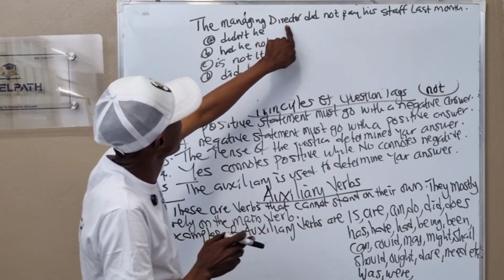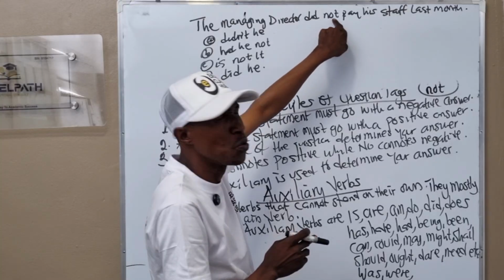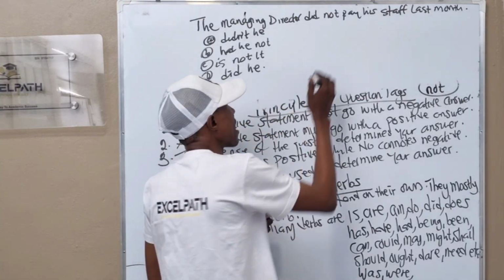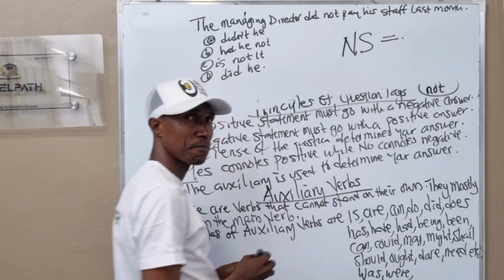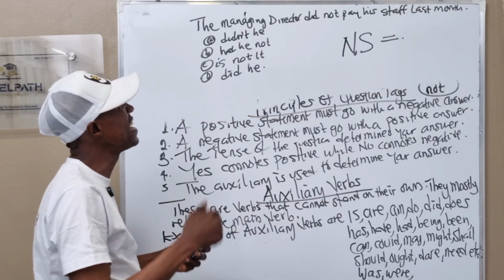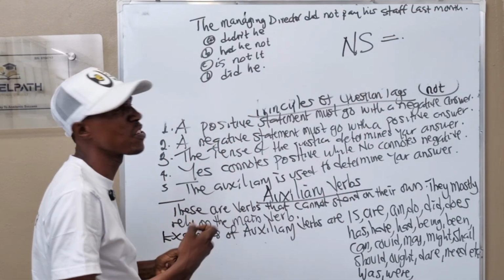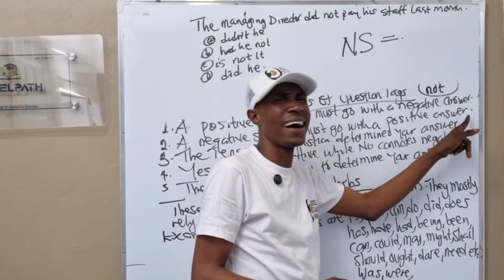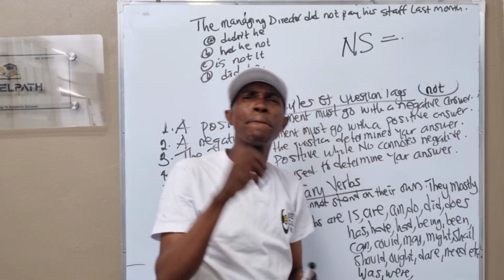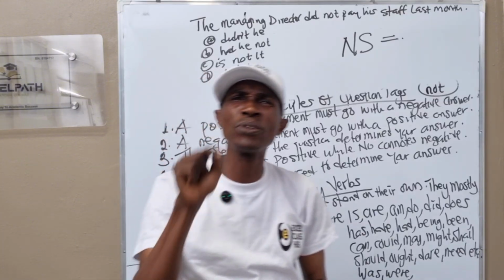For the fact that the statement carries "not", automatically it is a negative statement. And a negative statement, as we're told, must go with a positive answer. And your positive answer cannot carry "not".